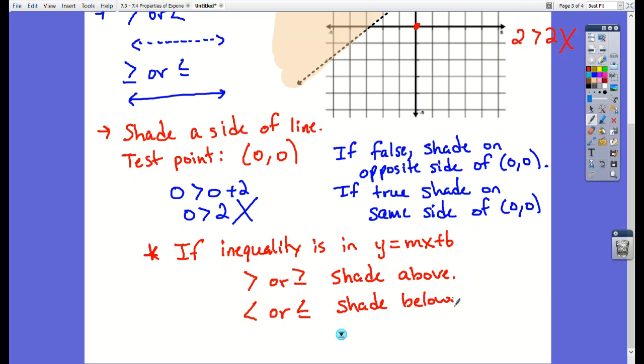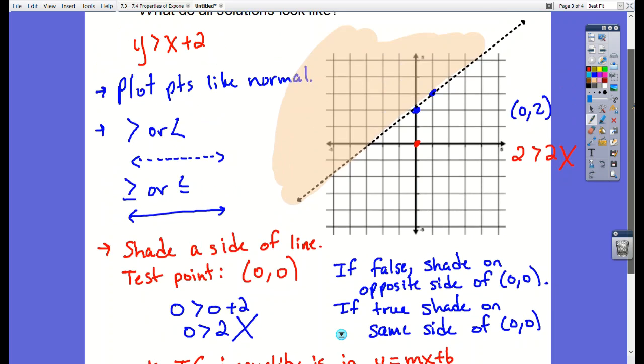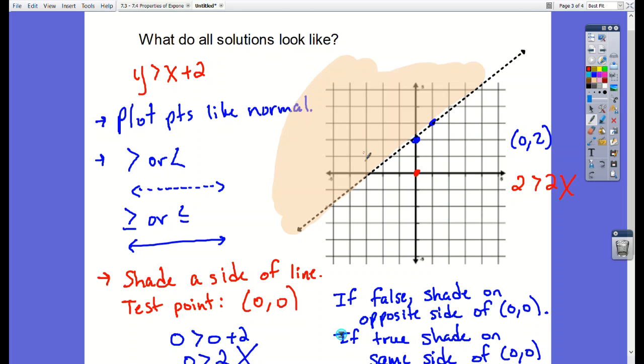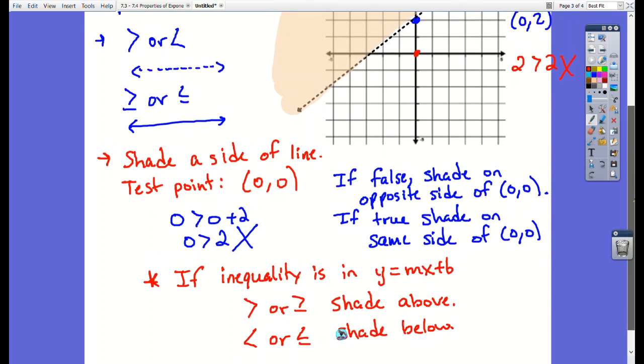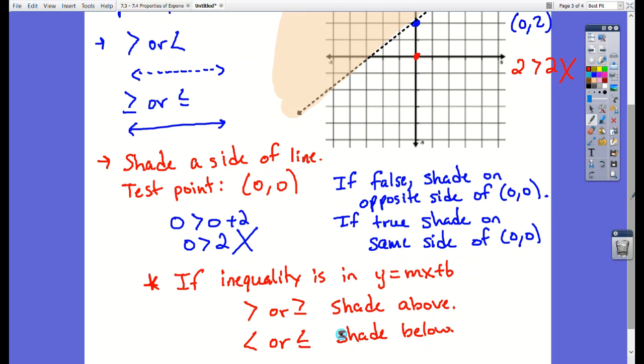This is a really nice thing to have, because then you don't even need to think about it. So let's double check that. We have y is greater than x plus 2. We're going to shade above the line. It matches that trick. All right. So this is how we graph all of our solutions, right? There's an infinite number of solutions here.